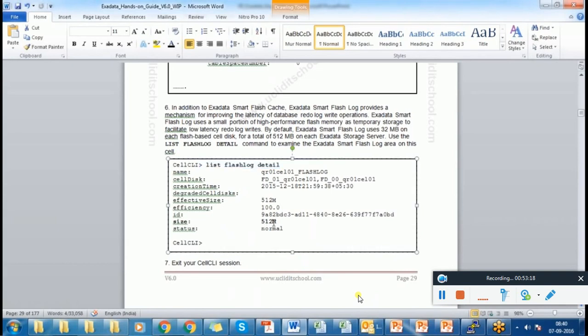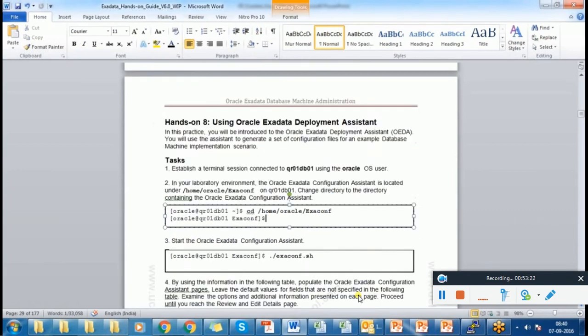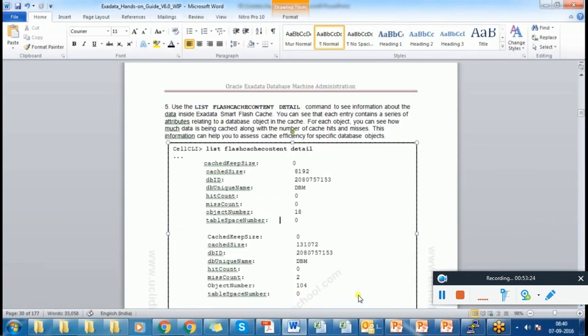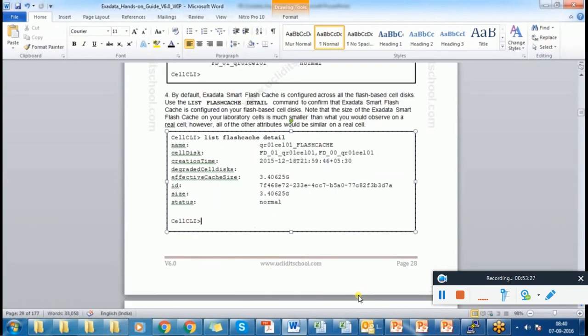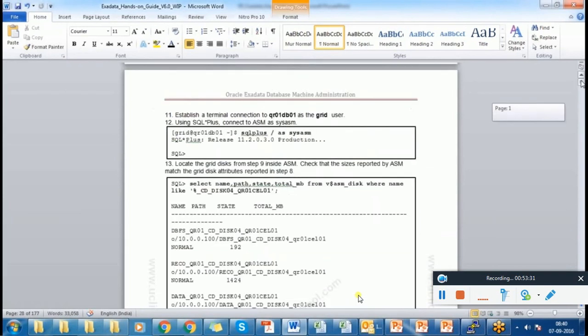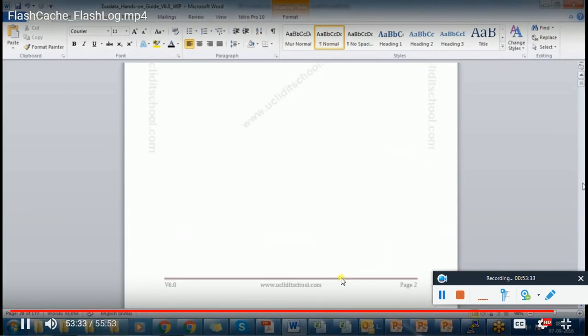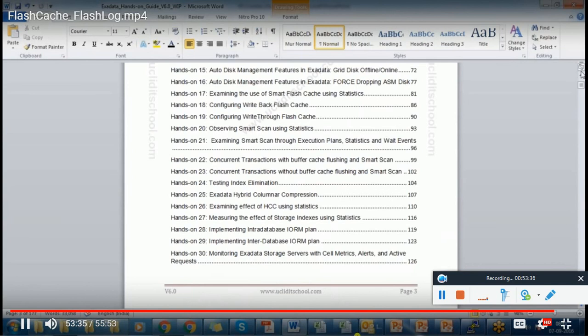The flash log size is 512 MB by default. Then in some other exercises you will see how to drop the flash cache and the flash log, and reconfigure them. Maybe let me show.